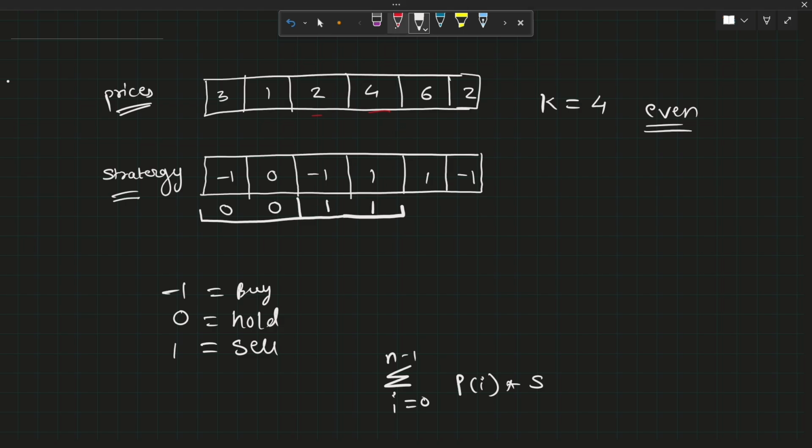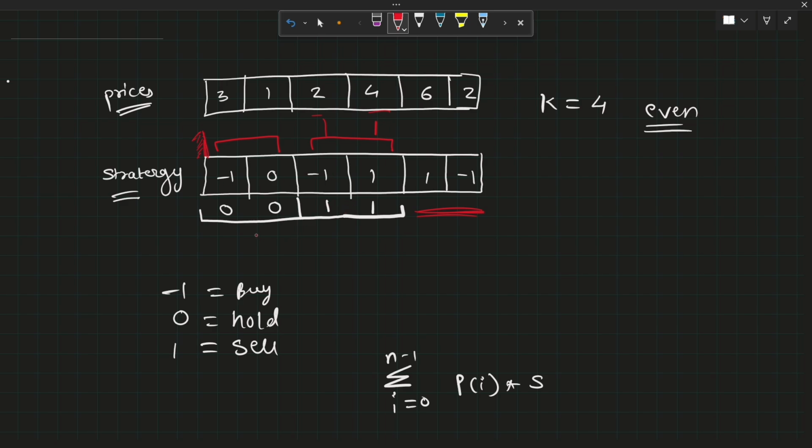Okay, and we will calculate the sum of this part, and here we are not calculating any sum because there are no elements. Now in this subarray we are calculating this part as 0 because this will not have any effect, and for this part we are simply taking the prices here. Great, now for this we know the answer.